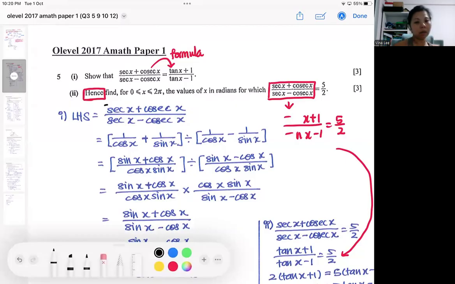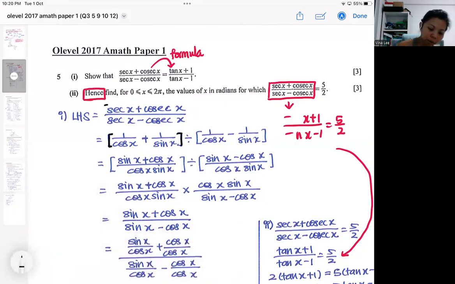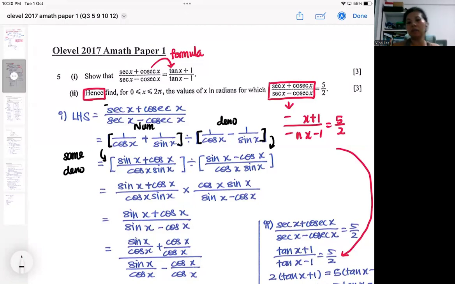Then you should realize that your numerator has fractions. When you realize that, you should try making the same denominator. Same goes for the denominator, which also has fractions, so you should also make the same denominator. Making the same denominator will enable you to have a single fraction, and that's what I'm hoping to achieve.